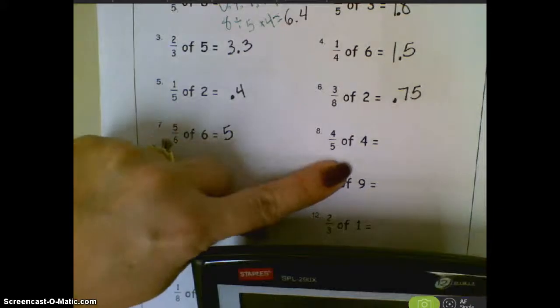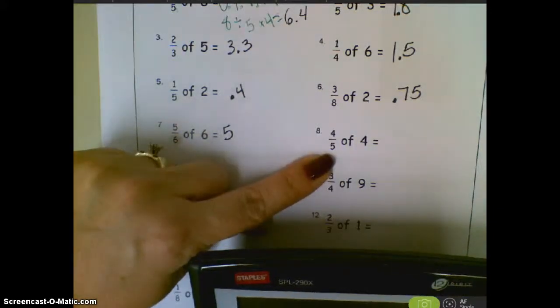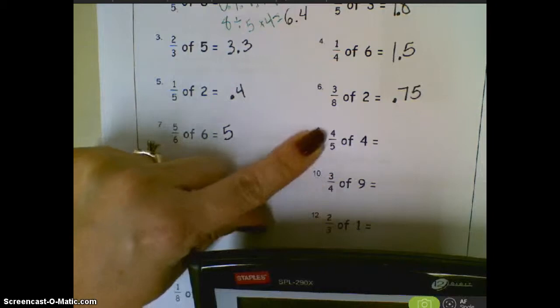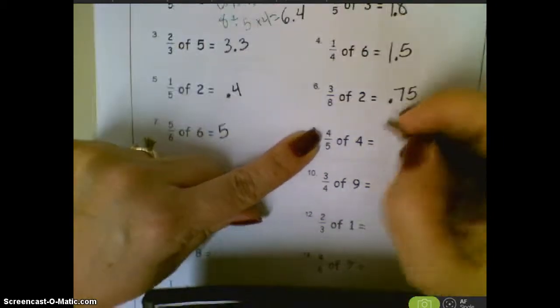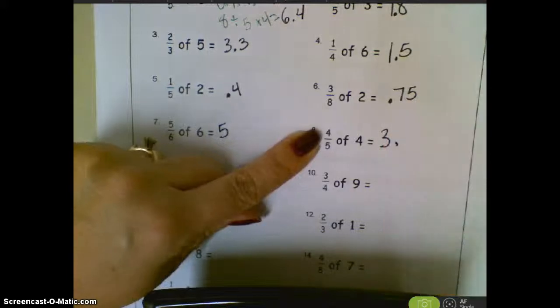And our whole number 4 divided by 5 equals 0.8, and then we're going to multiply it times our numerator and get 3.2 for that one.